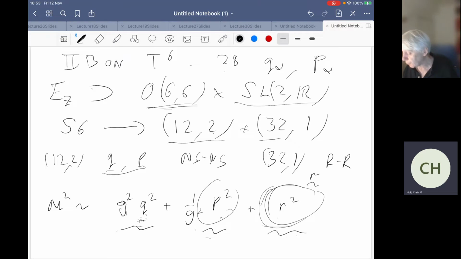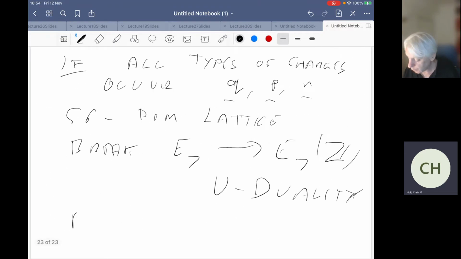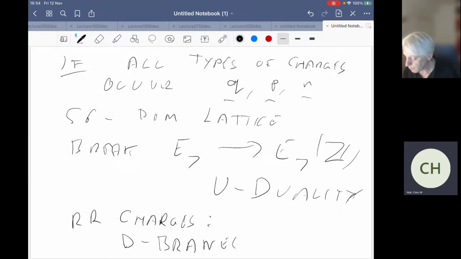And subsequently, it was realized that the R charges do occur in string theory, and they're in fact carried by what are known as D branes. One of the big breakthroughs was the discovery by Polchinski that D branes are necessarily part of string theory.